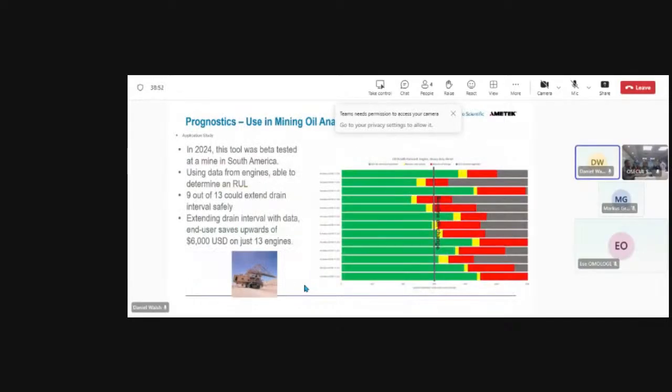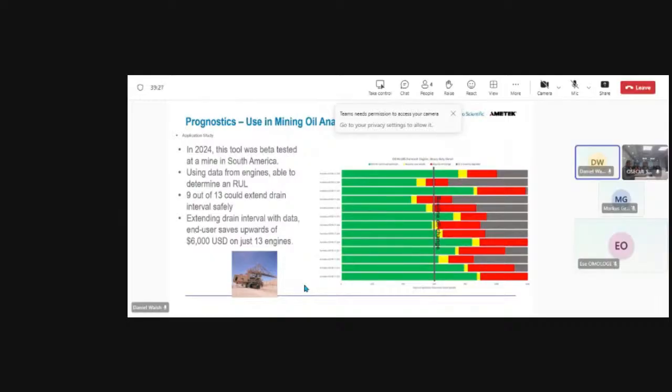Let me give you an example of a real life study that we've had. In 2024, we applied this new software technology to a mine that was mining lithium in South America. They had a series of Komatsu trucks that they were hauling with, and they had a requirement to change the oil out every 600 hours on these engines.